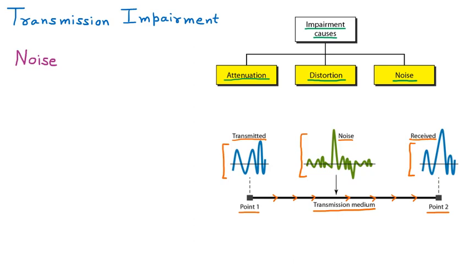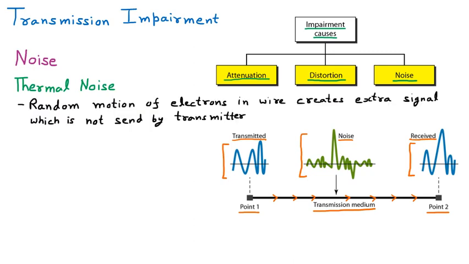And there are different categories of noise. First of all we have the thermal noise. Thermal is taken from heat. The random motion of electrons in a wire creates an extra signal which is not sent by the transmitter. The meaning is that whenever through a wire we are sending some kind of current, there are some electrons which are moving from one place to another, and through that the current is moving.